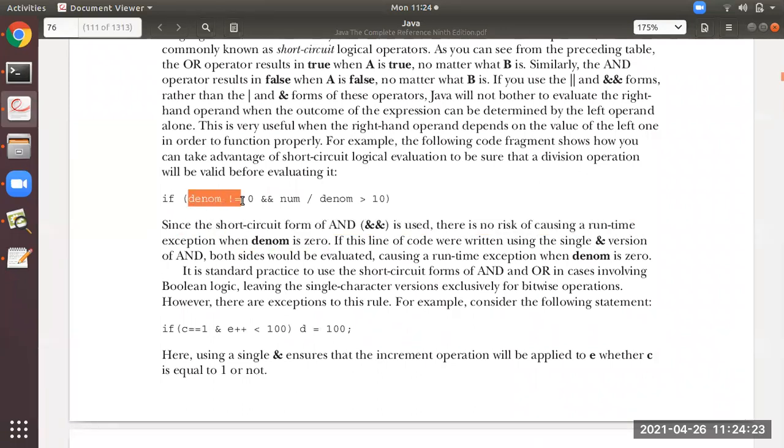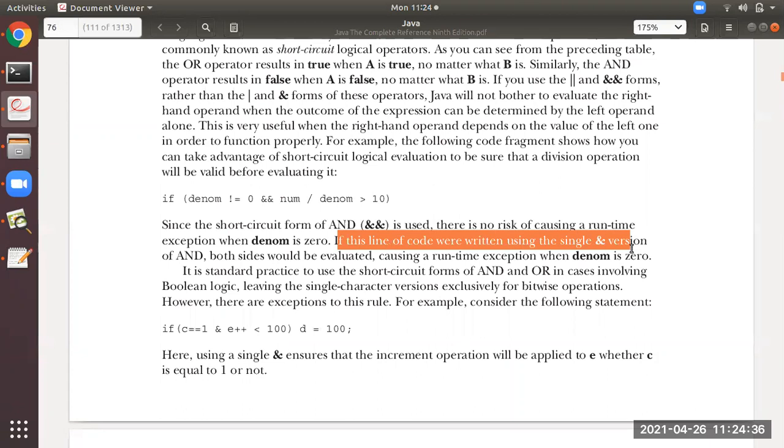When it is 0, what will happen? This number will not get divided by 0 because it would cause an error. If this line of code is written in the single version, with only one AND operator, and suppose this is 0, it will evaluate 0 not equal to 0, which is false, and also evaluate this part.